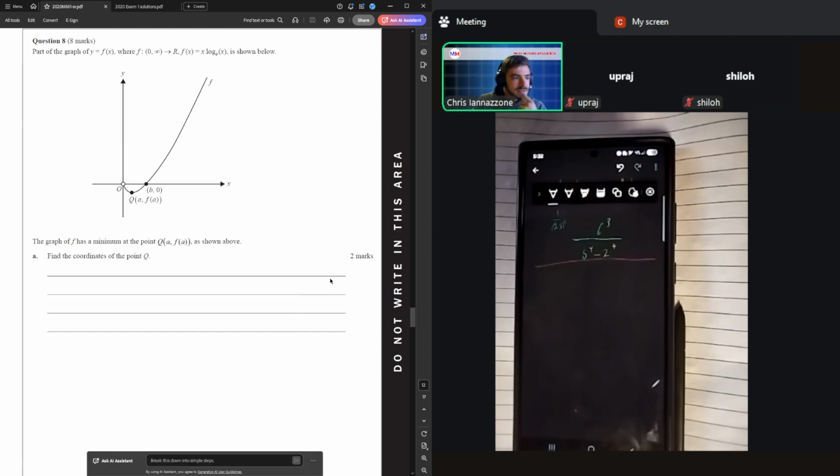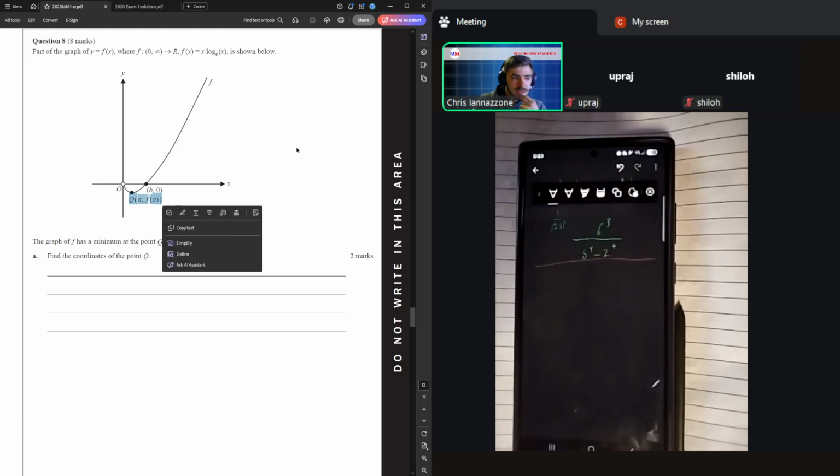Stationary points, of course, having gradient 0, which means basically having derivative 0.